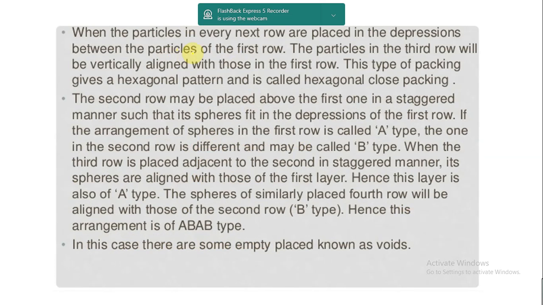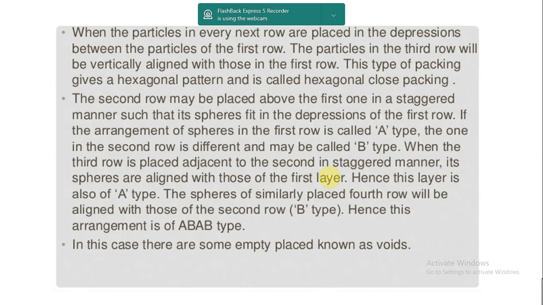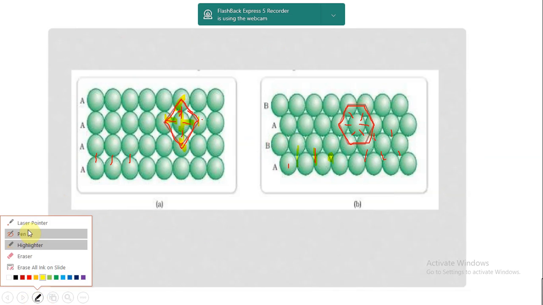Now you see, when the particles in every next row are placed in the depressions between the particles of the first row, this is the depression that I was talking about. This is the depression. This is the depression. This is the depression. So in the depression, if I keep the particles, the particles of the third row will be vertically aligned. Vertical alignment means what?